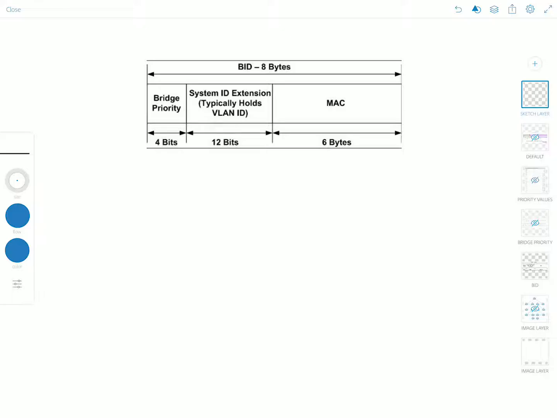So this is the diagram that I had in my previous video. So here is the bridge priority value, the first 4 bits, and then following that the system ID extension, which holds the VLAN ID and it's 12 bits long, and then there's the MAC address of the switch, which is 6 bytes long, and we'll ignore that part.